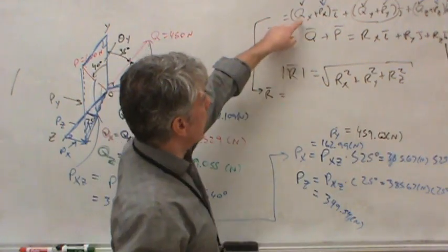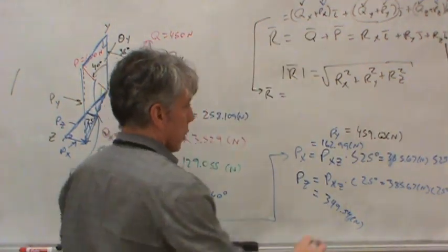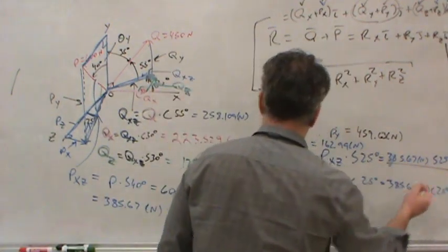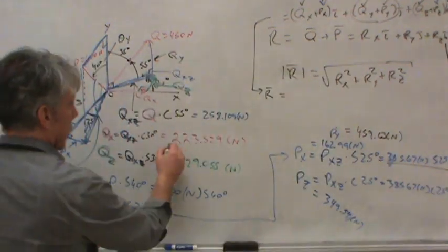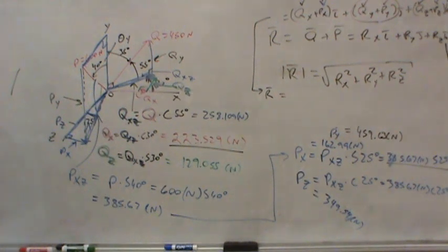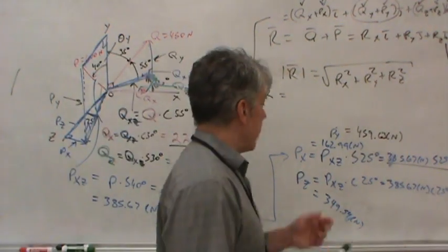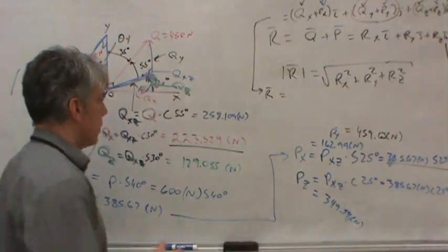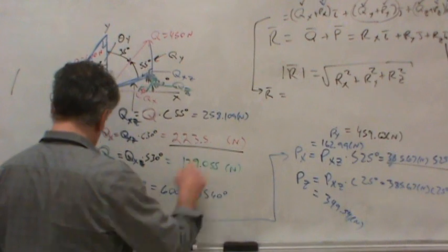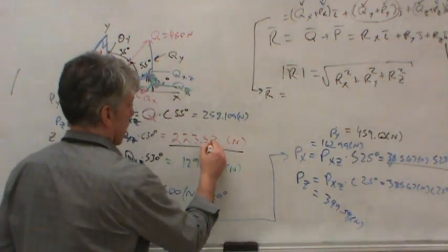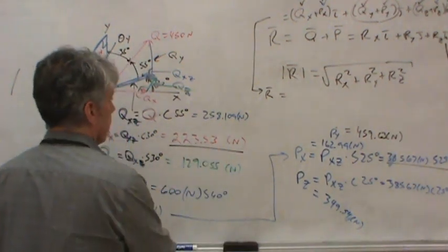So we need QX plus PX. There's PX, here's QX. So add those two together for me please. 223.529 plus 385.97. I guess I got lazy and stopped. 609.5.